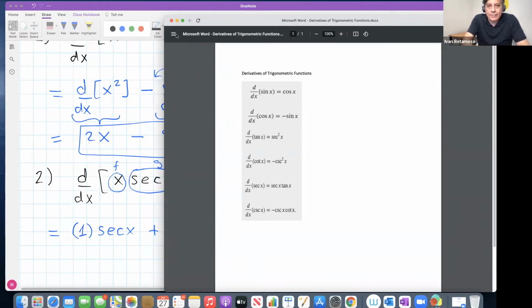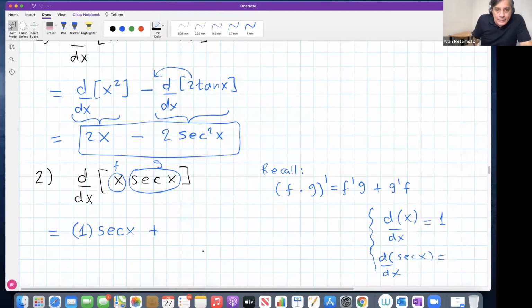Yeah, great, excellent. So this is what you write, secant times tangent, but notice that this secant times tangent is just the derivative of the g function. It still must be multiplied by the function f as it is, which is the identity function. Don't forget about this x.